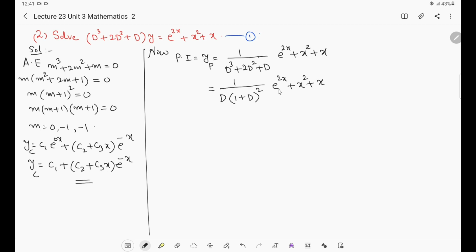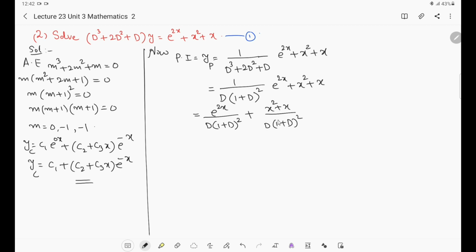Now you see how many cases are involved here. This x square comes under the x power m case, x power 1 also comes under the x power m case, but this e power 2x comes under the first case, the e power ax form. Let us separate this: e power 2x by D into (1 plus D) whole square, plus x square plus x by D into (1 plus D) whole square.